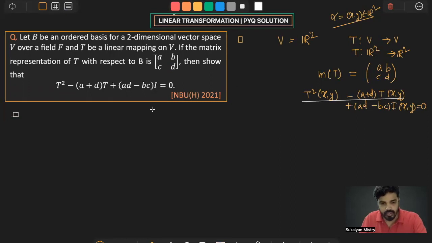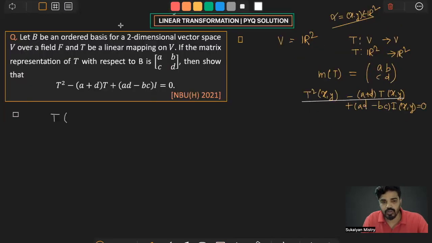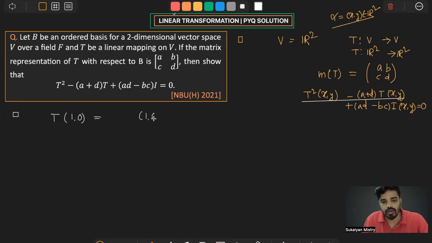T of 1, 0 and T of 0, 1, the standard basis of R2. We have to express them as linear combinations of 1, 0 and 0, 1. The matrix represented is ABCD, so the first row is A, B and the second row is C, D.